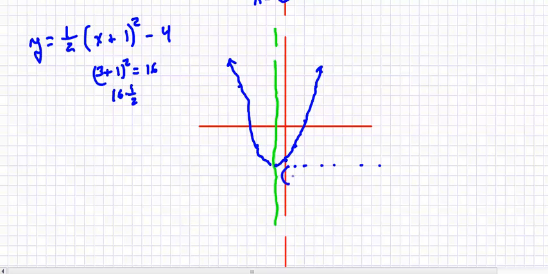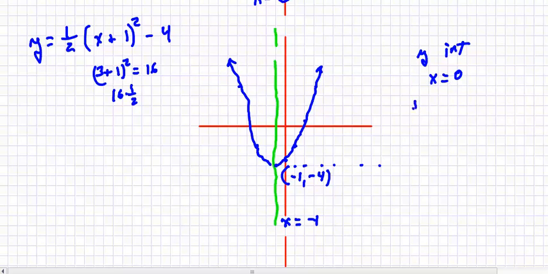Our vertex is at (-1, -4). Our axis of symmetry, x equals -1. Now, where is our y-intercept? The y-intercept happens when x equals 0.